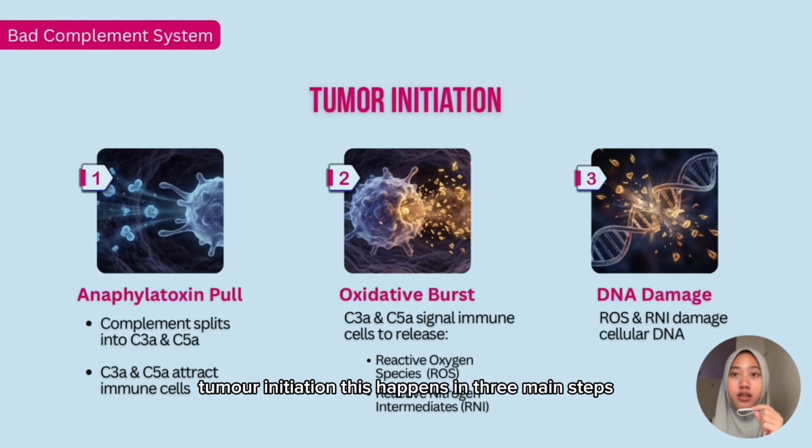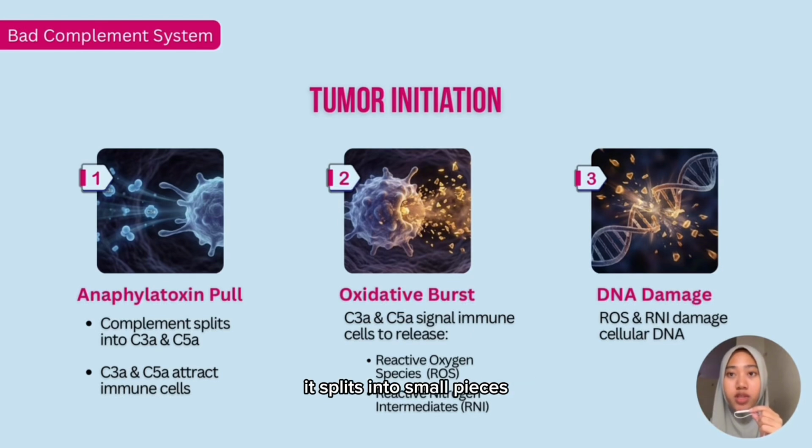Tumor initiation happens in three main steps. Step 1, anaphylatoxin pool. When complement is activated, it splits into small pieces called anaphylatoxins, specifically C3a and C5a. C3a and C5a attract immune cells like macrophages and neutrophils.